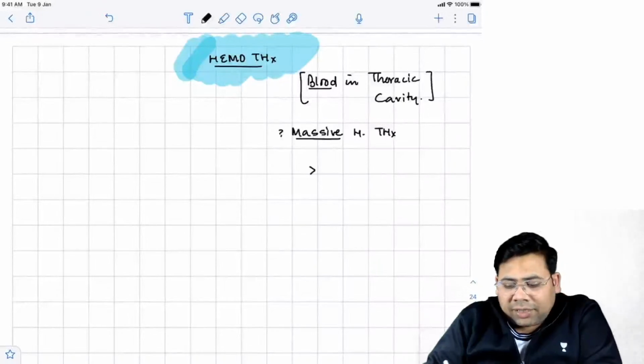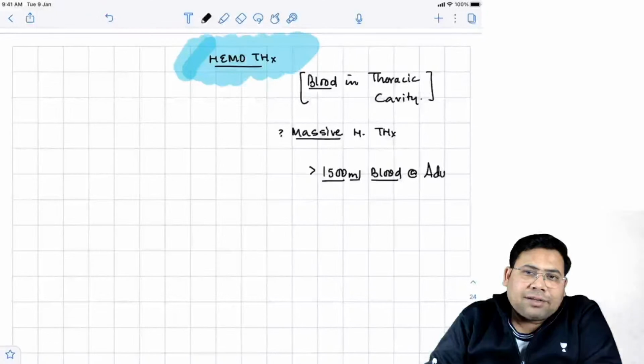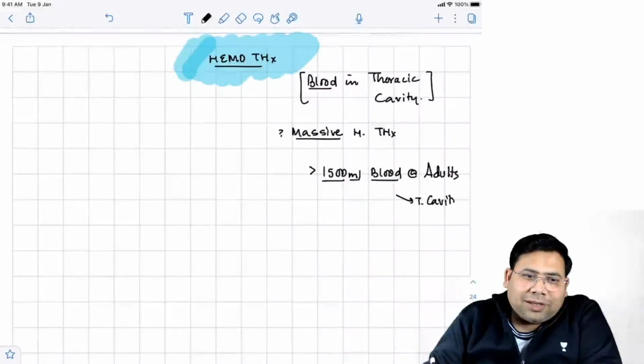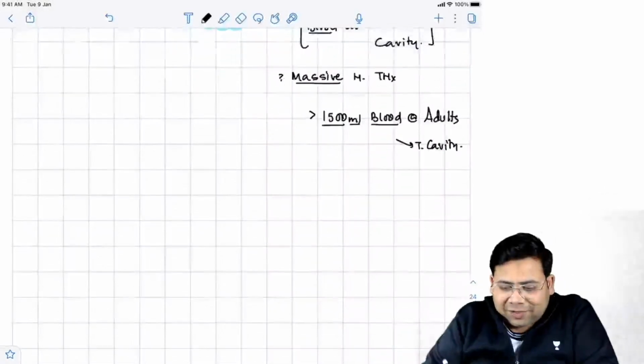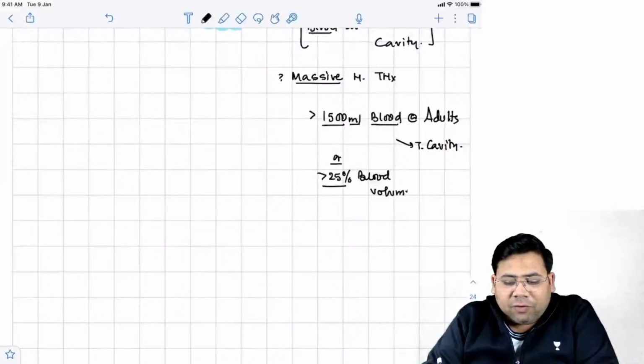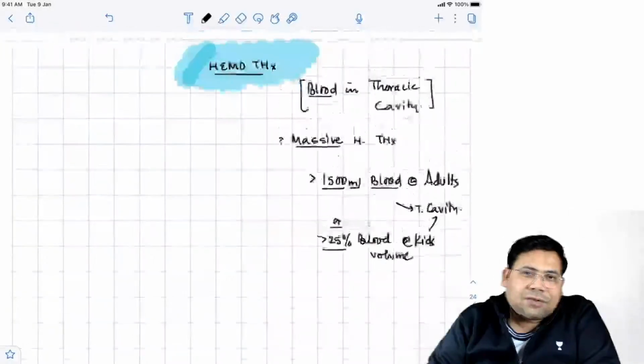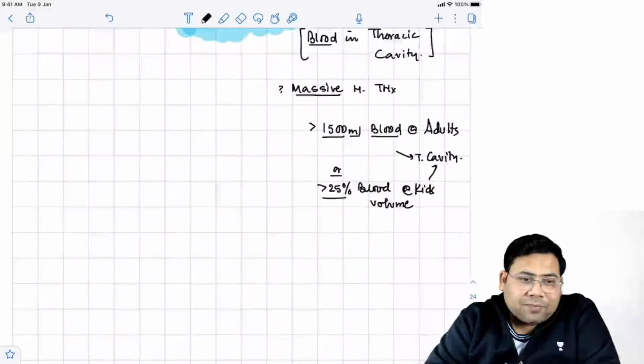More than 1500 ml of blood in case of adults into the thoracic cavity, or in case of kids, more than 25% blood volume into the thoracic cavity. This is what is known as massive hemothorax.